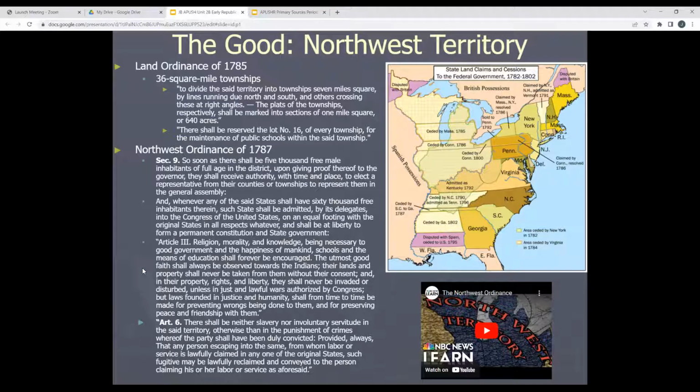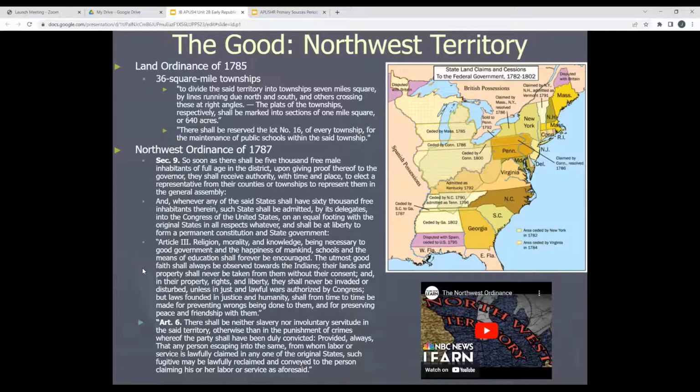So if you continue, there are also other conditions that these new states have, when they decide to establish themselves as territories and then, of course, apply for statehood. You see here in Article 3, religion, morality, and knowledge being necessary to good government and the happiness of mankind, schools and the means of education shall forever be encouraged.